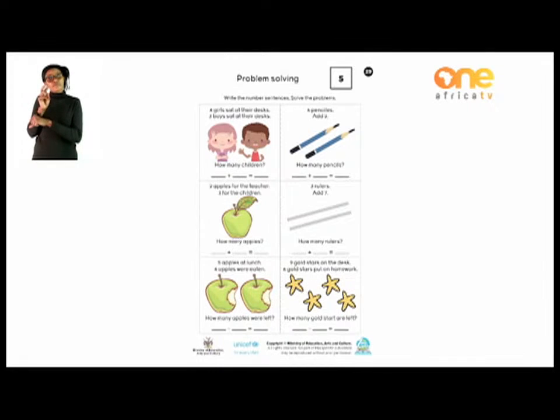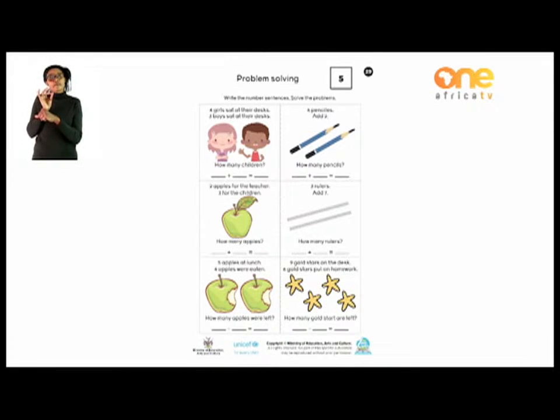After the plus sign, we added 2 pencils. So what is the number that you must write on that line? Number 2. So 6 plus 2 equals 8. So my answer will be 8.